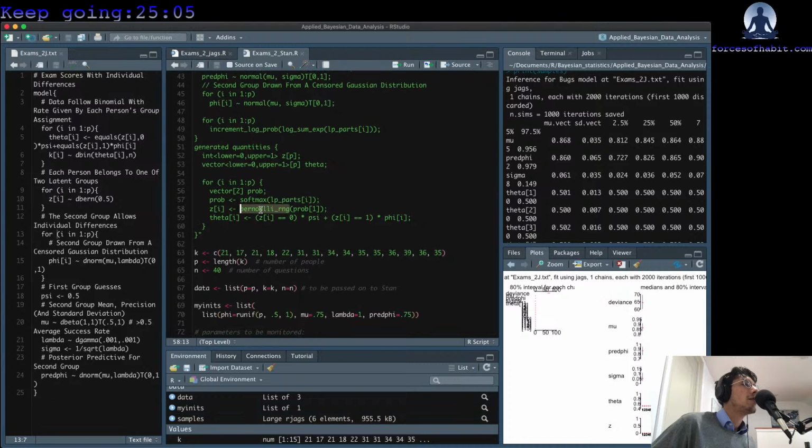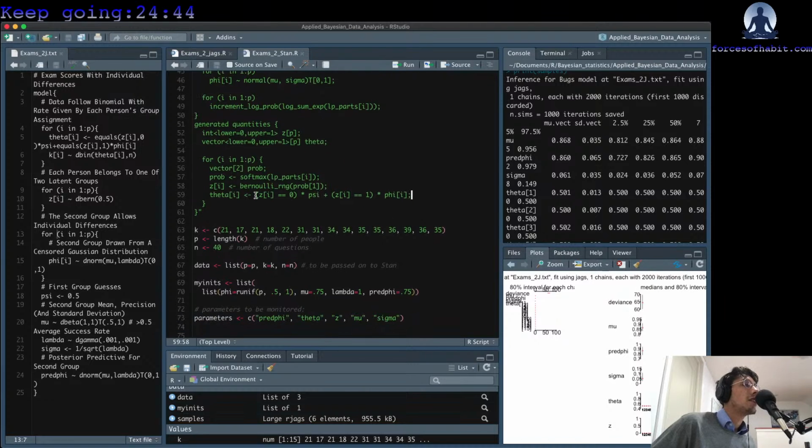And Z is going to be a Bernoulli. The prob is 1, 0.5. And theta is going to be, if Z is equal to 0, multiplied by psi. If Z equals 1, multiplied by phi. And there you go.